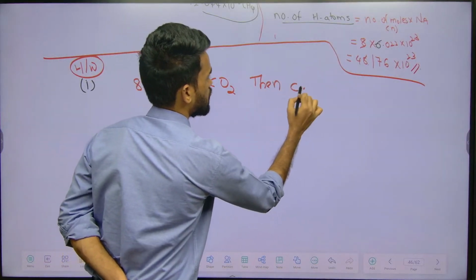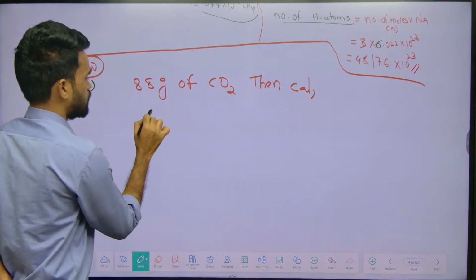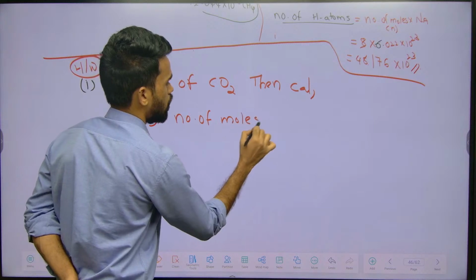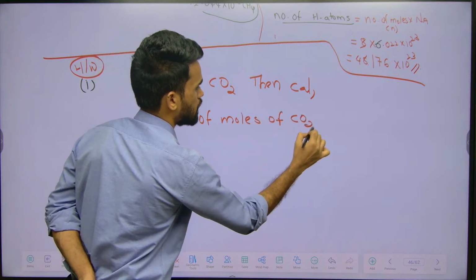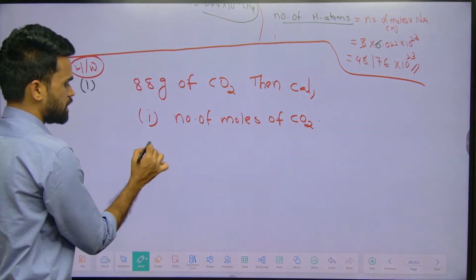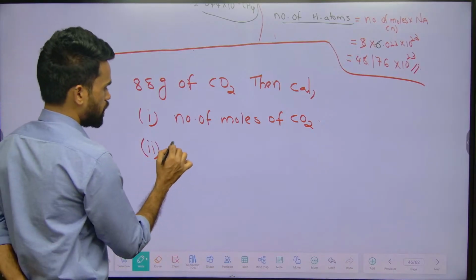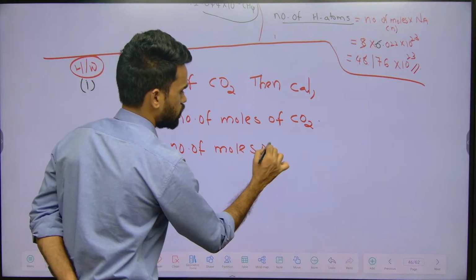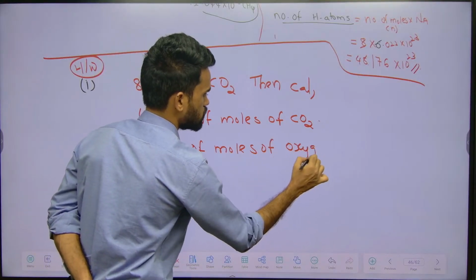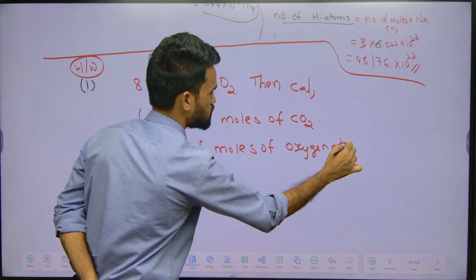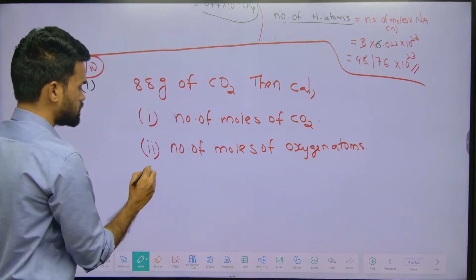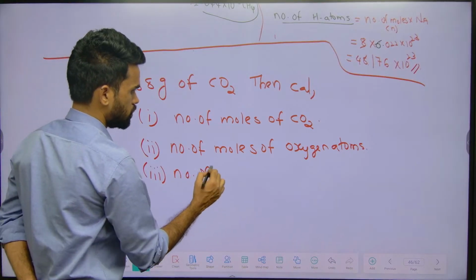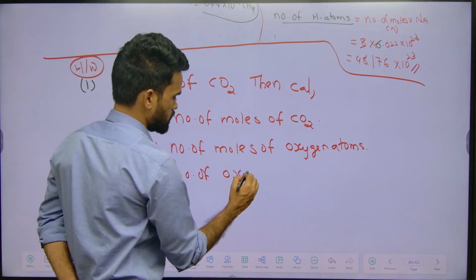Then calculate the number of moles of CO2. First calculate the number of moles of CO2, the second thing is the number of moles of oxygen atoms, and the third thing is the number of oxygen atoms present.